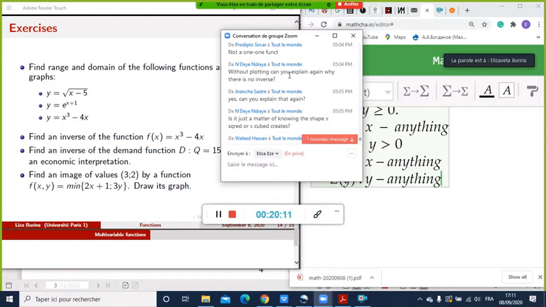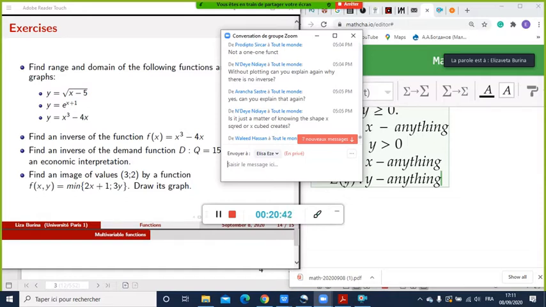Without plotting, can you explain again why there is no inverse? Well, without plotting, it's hard to explain because you have to actually check all options and all the dots and make sure that there is no y that has two x's corresponding to it. So the best will be just do it with the plotting.